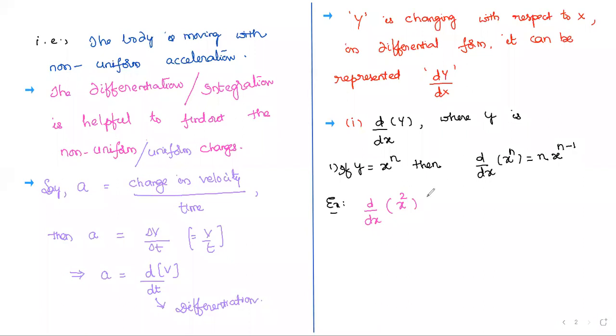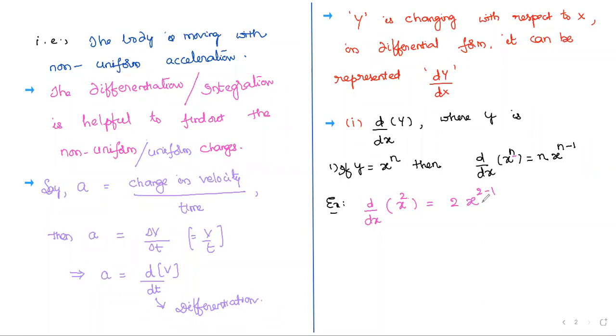Now look back here, x square: x power how much did I take? 2. So in place of n, how much did I take? This is 2. So I am going to apply this formula: n is 2, so 2 into x power n minus 1, where n is 2, so 2 minus 1.